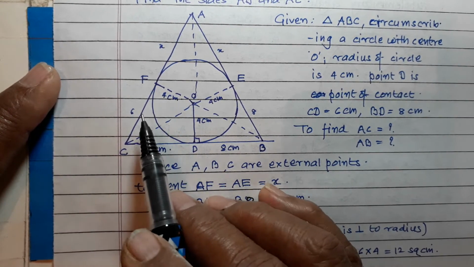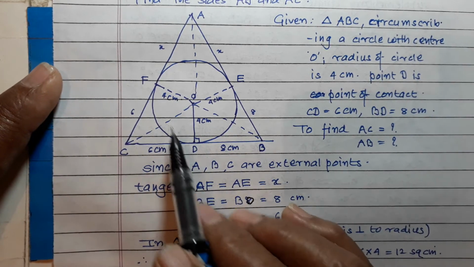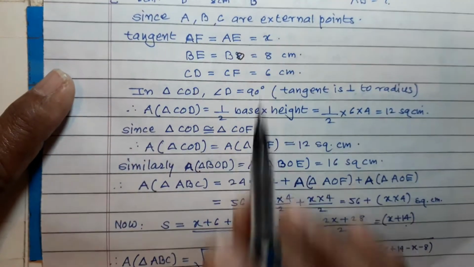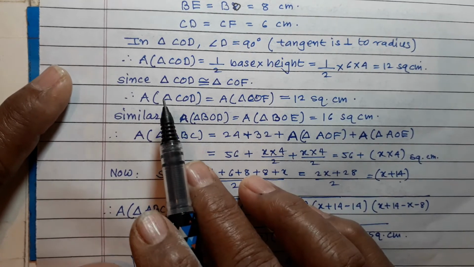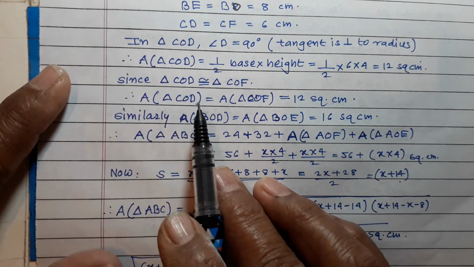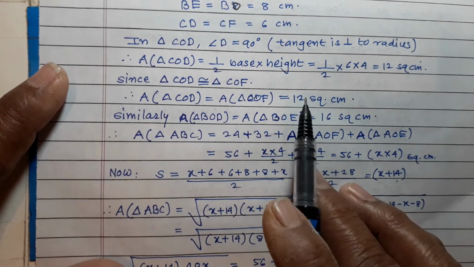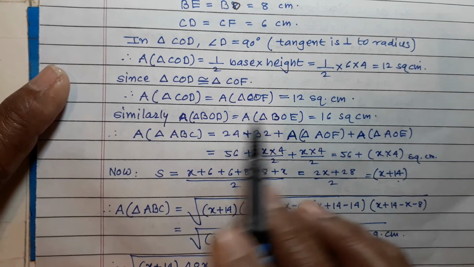So by SAS test, these two triangles are congruent, and therefore area of triangle COD is equal to area of triangle COF is equal to 12 square centimeter.